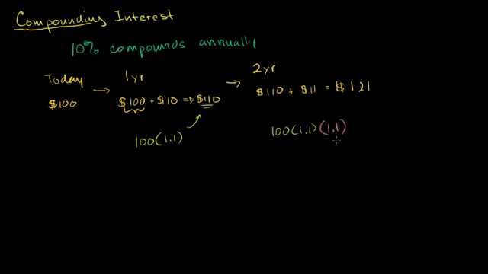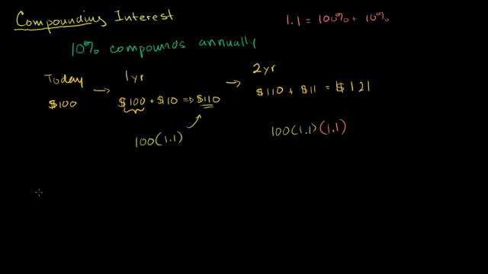And remember, where does the 1.1 come from? 1.1 is the same thing as 100% plus another 10%. Right? That's what we're getting. We have 100% of our original deposit plus another 10%. So we're multiplying by 1.1. Here we're doing that twice. So after 3 years, how much money do we have?